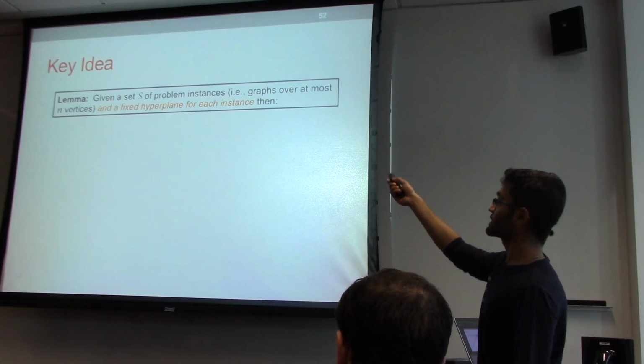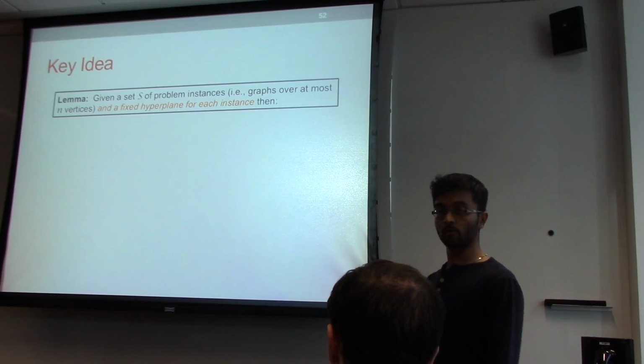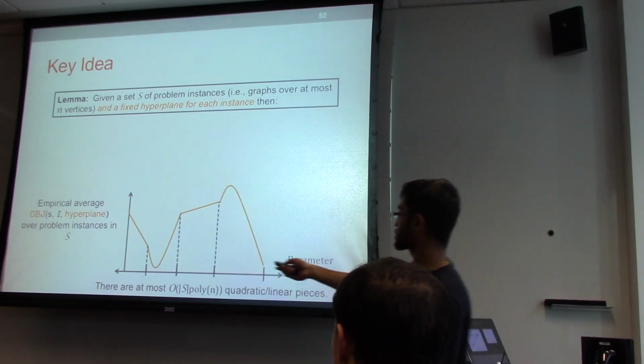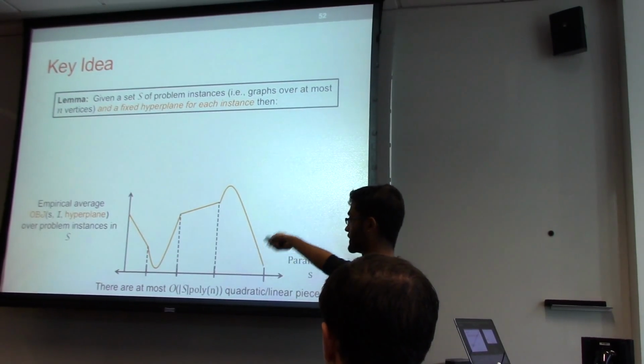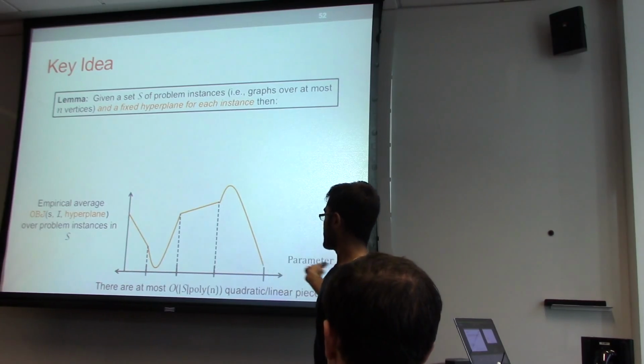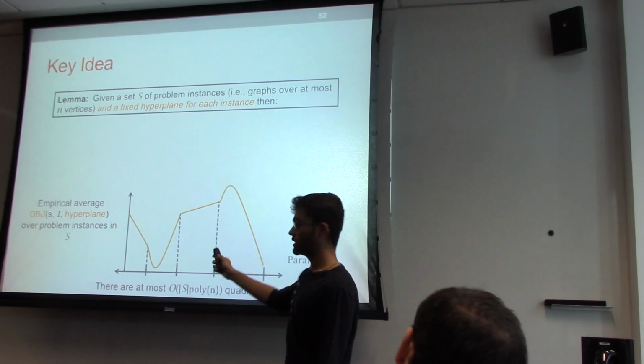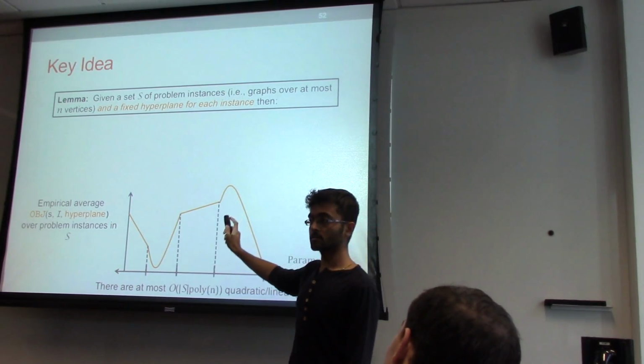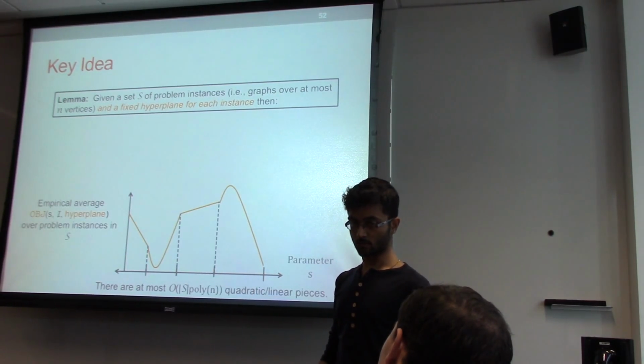Given a set S of problem instances and a fixed hyperplane for each instance, we show there is this cool property of the empirical average cost, which is that you can divide the S line into a small number of intervals, and the empirical cost is going to be linear or quadratic in those intervals.